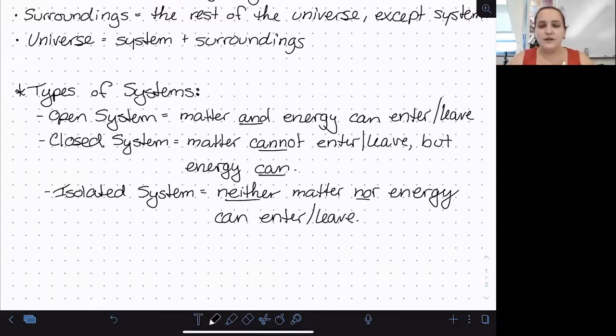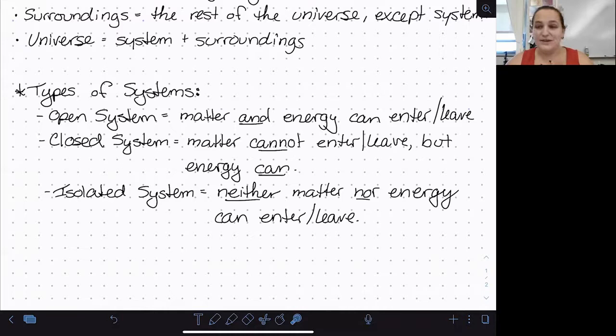In practice, truly isolated systems don't really exist. But for the purposes of thermodynamic study, we try to mimic an isolated system by creating a closed system that is really heavily insulated.